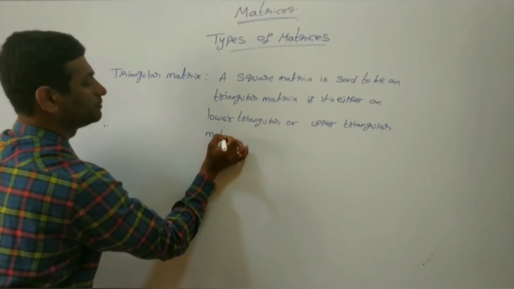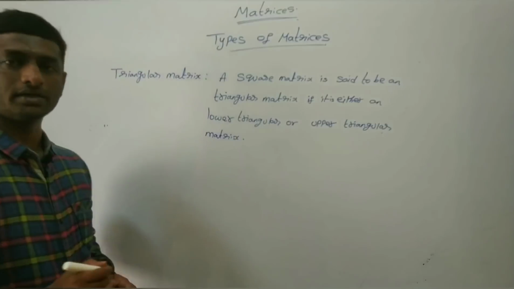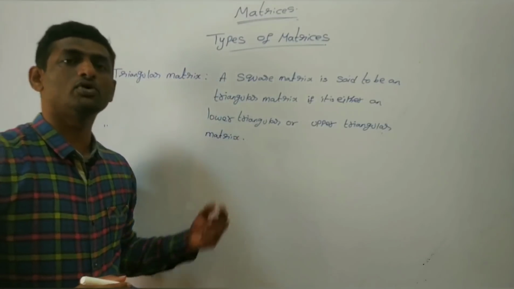Then it is said to be simply a triangular matrix. So these are the types of matrices.